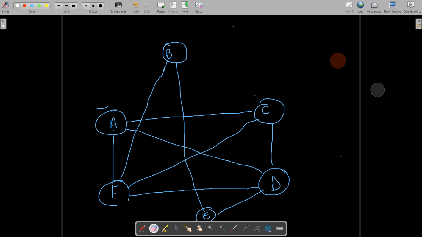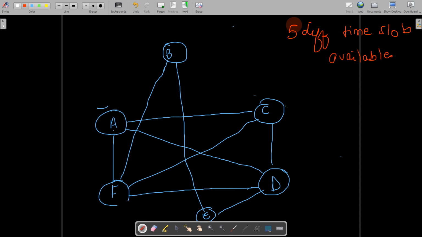Okay, not 8, let us take 5. 5 colors we have. So you already have 5 different time slots available to you to conduct the exam, and let these 5 different time slots be represented using 5 different colors.